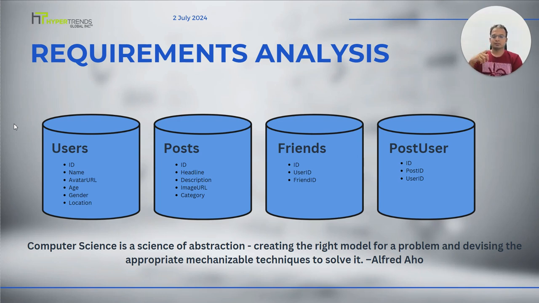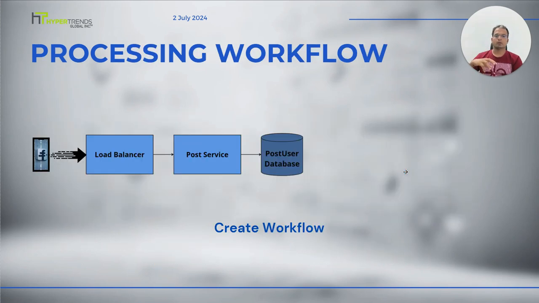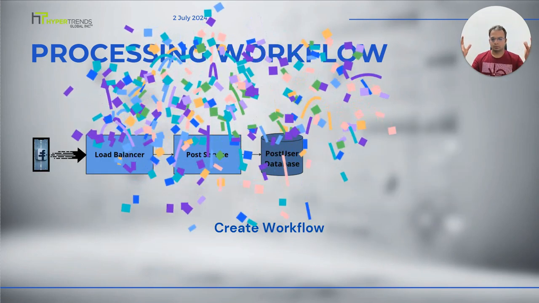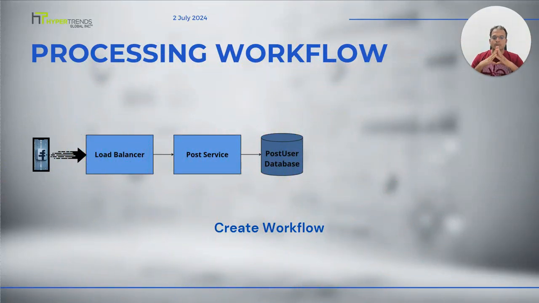So this is all about requirement analysis, and now let's switch to the processing block. We have passed through figuring out the actual requirements. Again, let me remind you that the user should be able to create a post, make friends, follow people, and see or view the feeds, right?